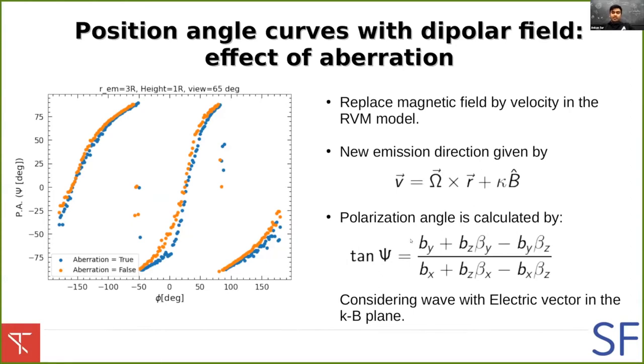And the polarization is then calculated using the wave field in the co-rotating frame and then transferred back to the lab frame. So we get these additional terms. Now, instead of this B over B_x, we have these additional terms corresponding to beta, which is this omega cross r vector. And the effect is that the aberration makes this S-shaped curve move towards the right.